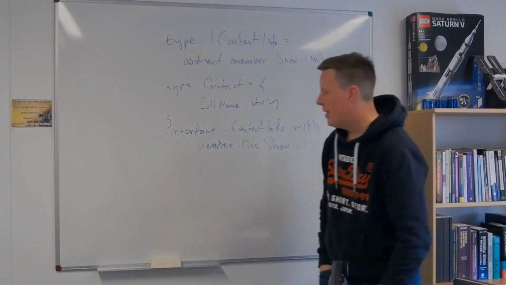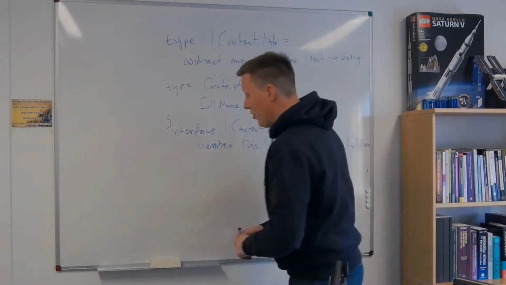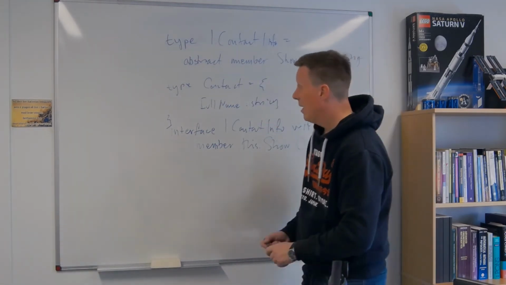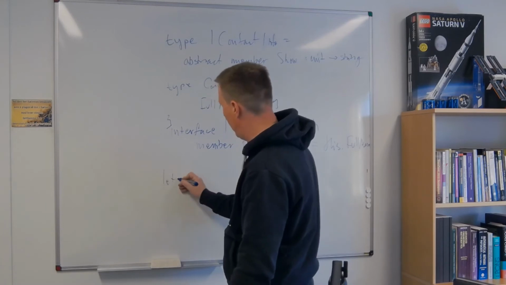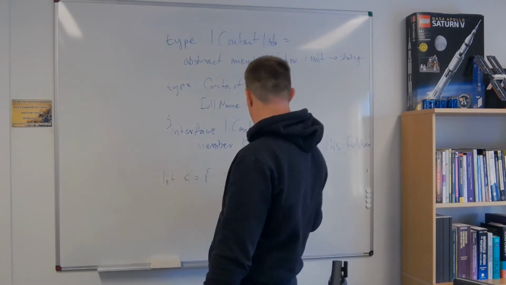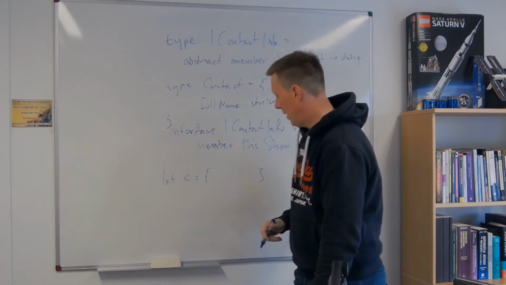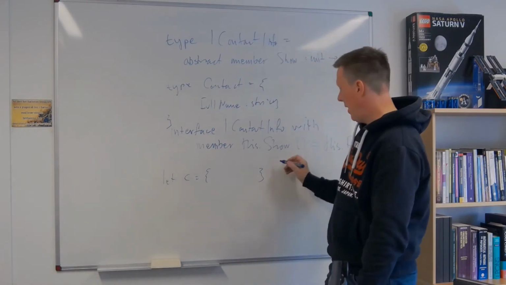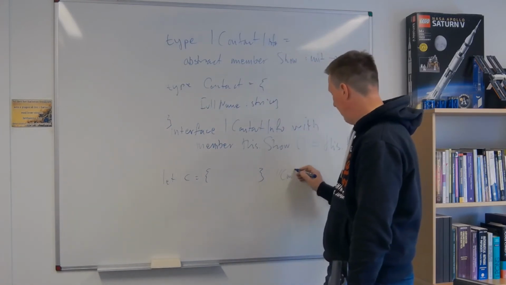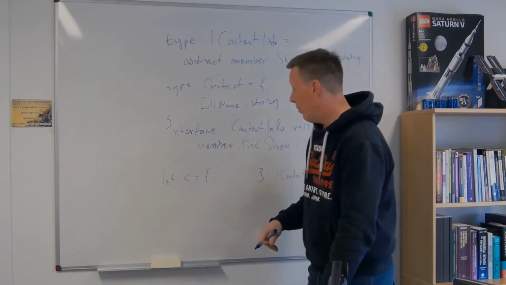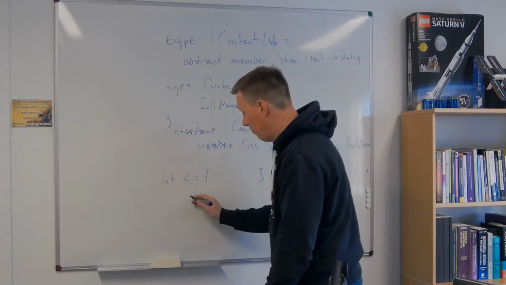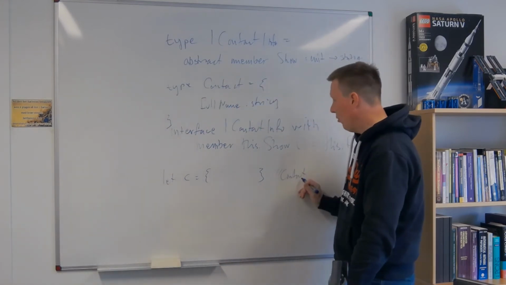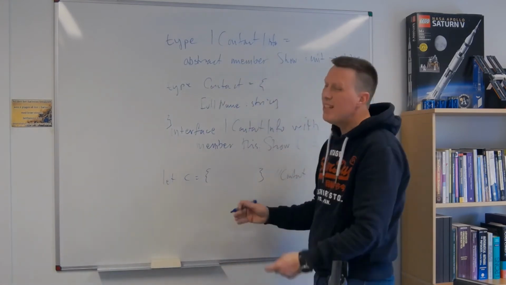And that means that now I can actually use this interface in places. So suppose I have a let c equals like this, and the compiler will say that okay, this is a contact, and I want to run the show thing on it. I can't say c.show because this is a contact and not an I contact info, and this is a little bit of an annoyance.